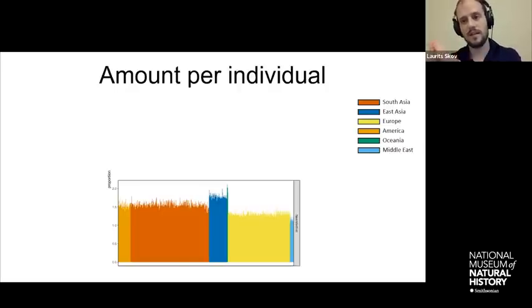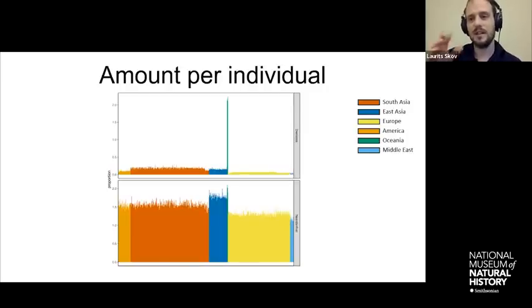Then there's a lot of Neanderthal found in East Asia and South Asia. And then there's less Neanderthal found in Europeans and people from the Middle East. But it's fairly homogeneous. But if you look at the Denisovan DNA, you see something quite different. You see huge differences in the genome. So you have a lot of Denisovan DNA in people from Oceania. Then you have the second most in people from South Asia, then East Asia, America, and again, very little in Europe and East Asia.